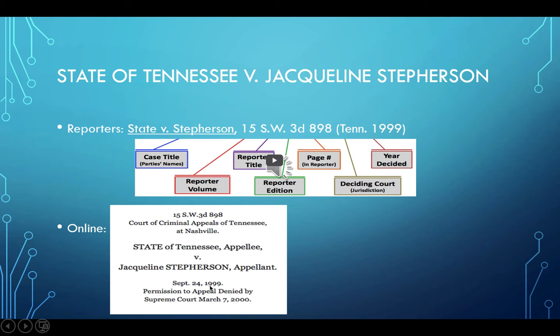Now below our case title, we have the year decided, which was 1999, September 24th, 1999. And then, of course, our deciding court or jurisdiction is in the state of Tennessee.